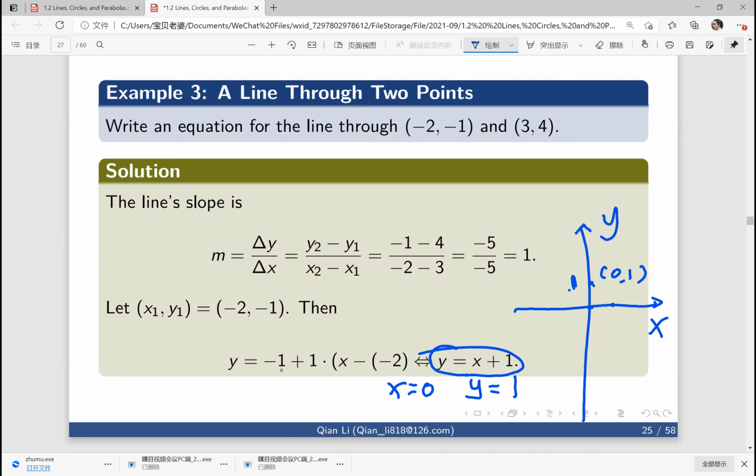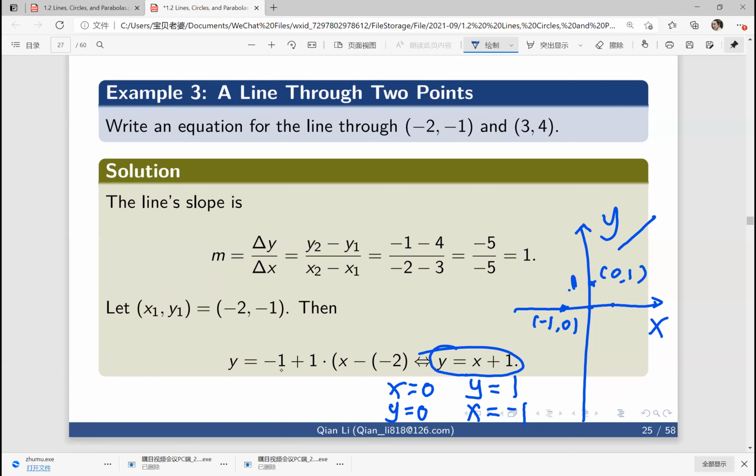Okay, let's see. When y is 0, x will be equal to what? -1. So this line must pass through (-1, 0), and must pass through this point, right? So this line must pass through this point and this point.